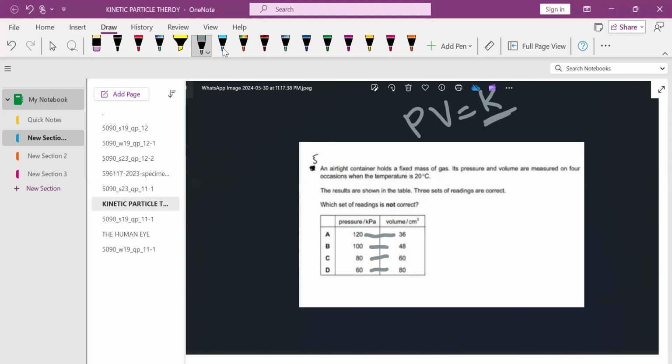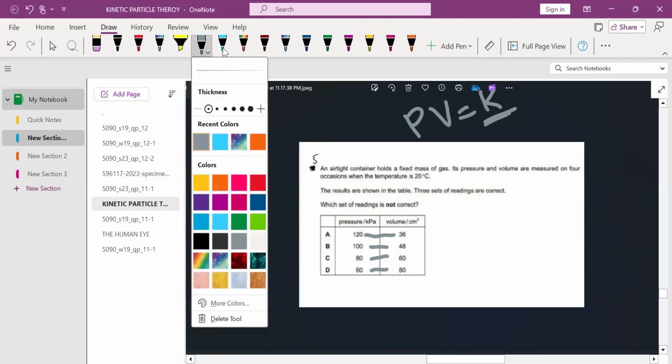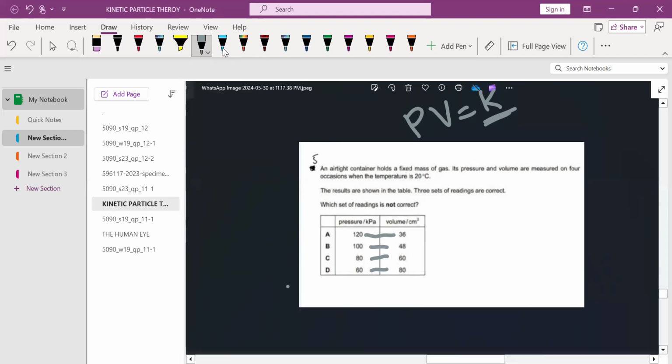So let's do the multiplication using the calculator. 120 into 36, we get the answer 4,320. Then 100 into 48, we get the answer 4,800.